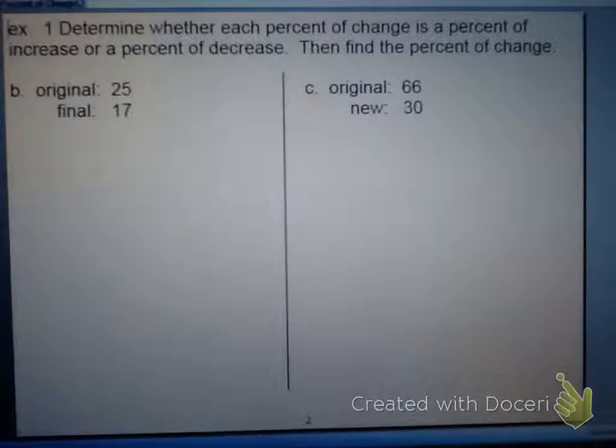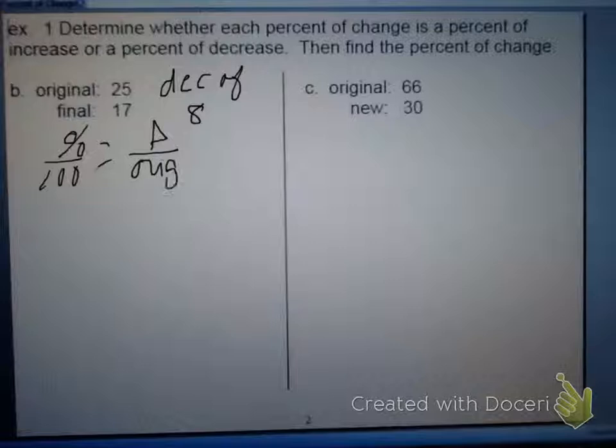Example 1b, you need to find the percent of change. The original is 25, the final is 7. That is a decrease of 8. So we have our formula, percent over 100 is equal to change over original.